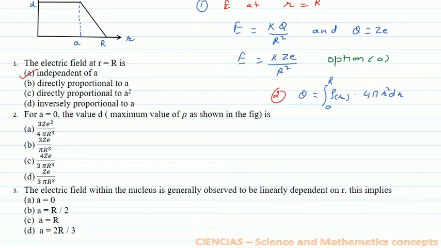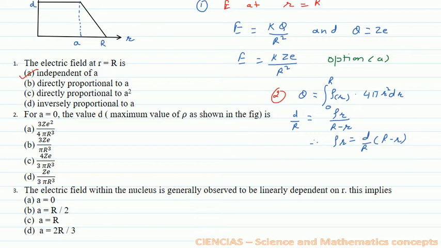So in this case, we know that in the graph capital D is up to R. So D upon R will be equal to rho(r) upon R minus r. Therefore, rho(r) is equal to D upon R into R minus r.